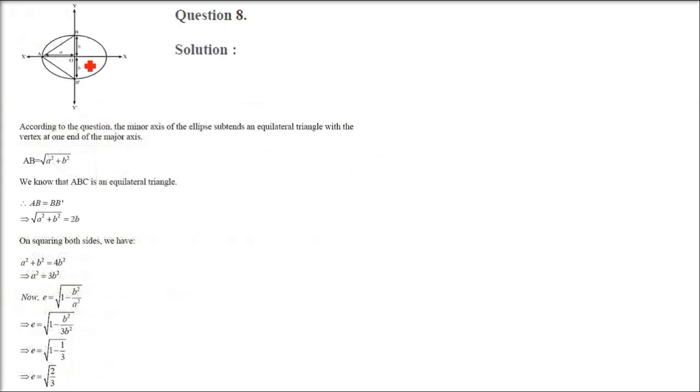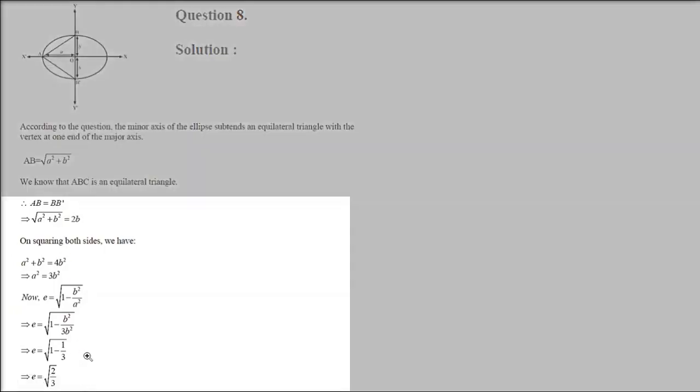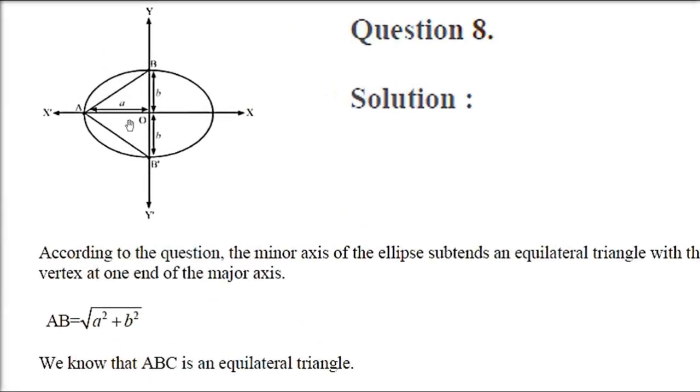Question number 8. If the minor axis of an ellipse subtends an equilateral triangle with vertex at one end of the major axis, then write the eccentricity of the ellipse. So let me show you the figure first. See here, this is the minor axis, 2b is the minor axis and 2a is the major axis.